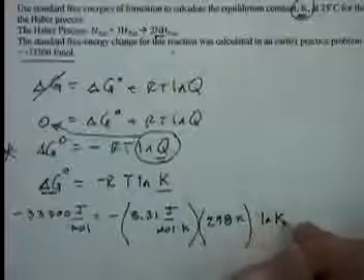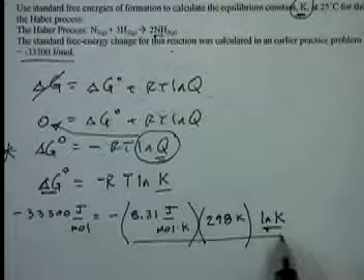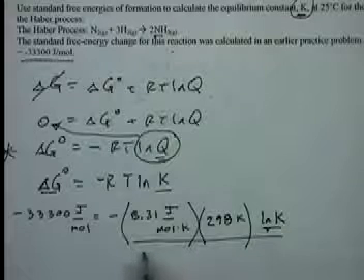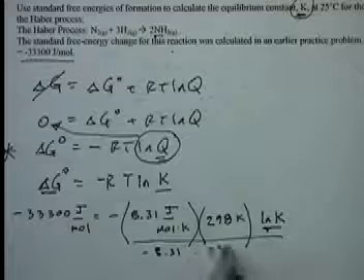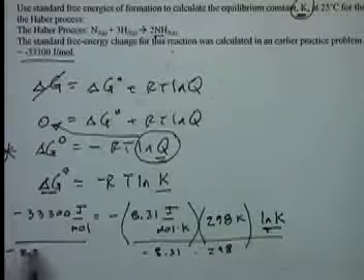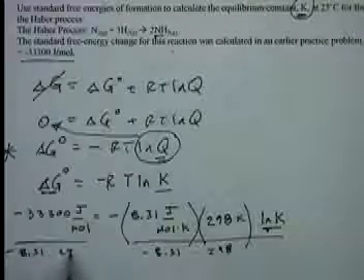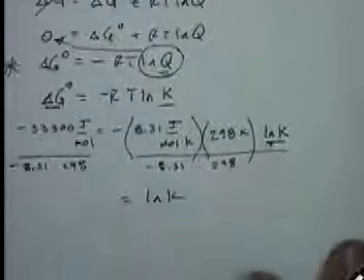Then we have natural log of K, and we're going to solve for it. Dividing both sides by negative 8.31 and 298, we end up with the natural log of K equaling 13.4.